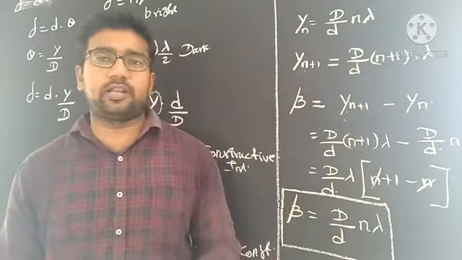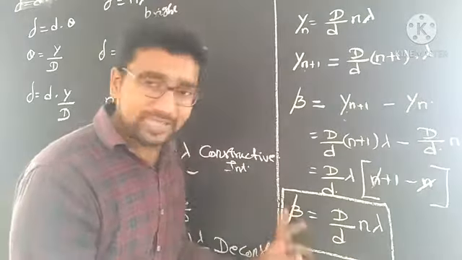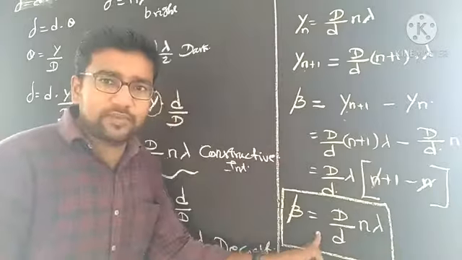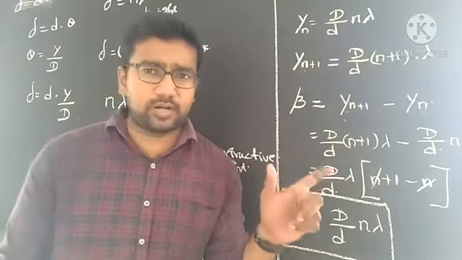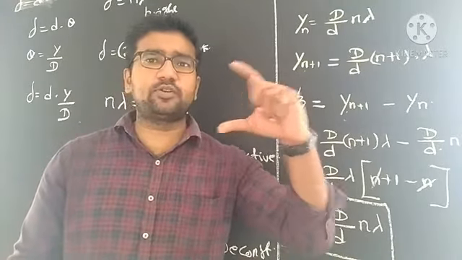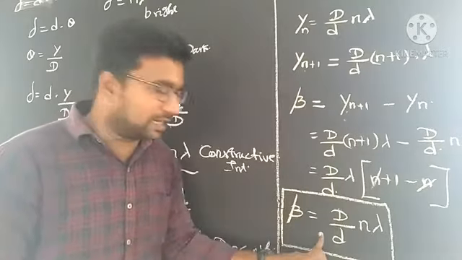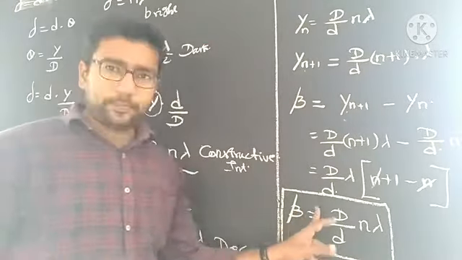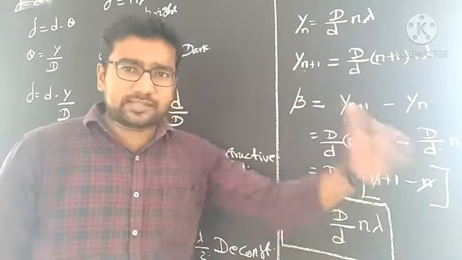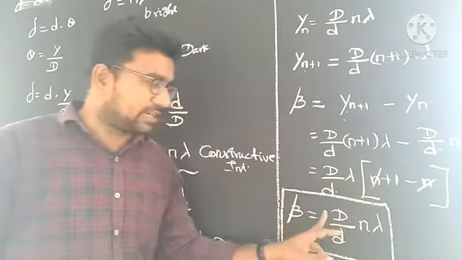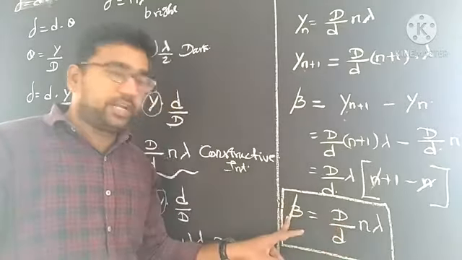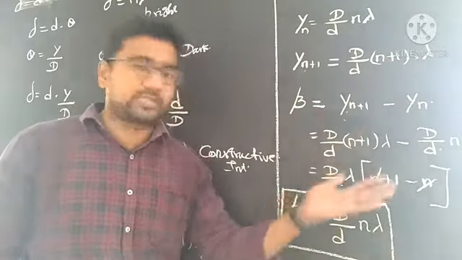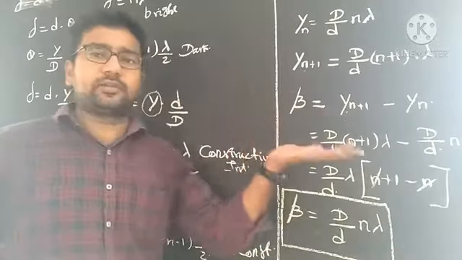Very important relation. From this relation, if you decrease the value of small d, the distance between the two slits, the bandwidth will increase. If the distance between the slit and the screen, capital D, increases, beta also increases. If the wavelength of the source is high, the bandwidth is also high.